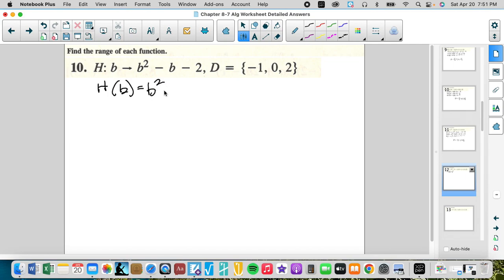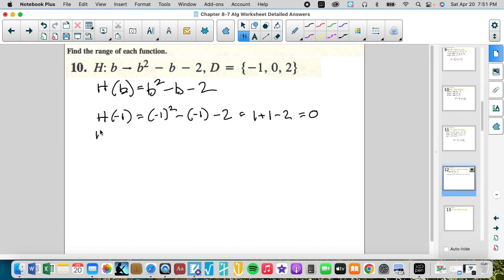So b squared minus b minus 2. The domain is negative 1, 0, and 2. So we will say h of negative 1 equals the quantity negative 1 squared minus the quantity of negative 1 minus 2, which equals 1 plus 1 minus 2, which gives us 0.